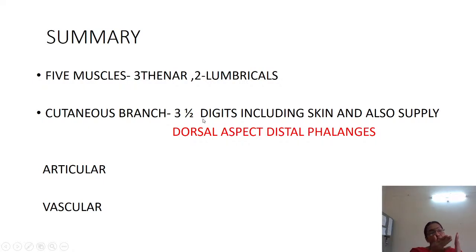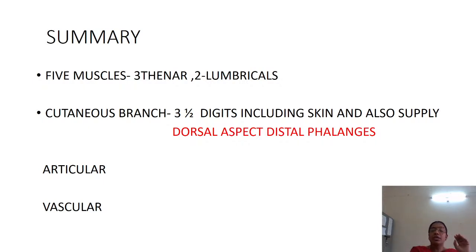It supplies 3.5 digits, 1, 2, 3, and a half, including the skin, and also supplies the dorsal aspect, from here to here, up to the top of the distal phalanges.